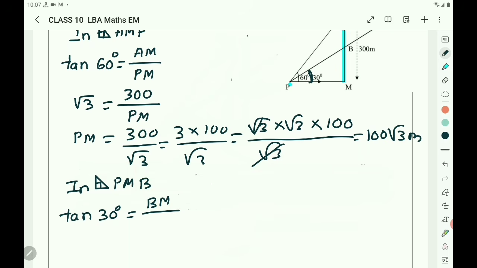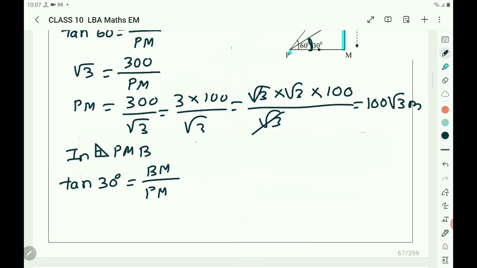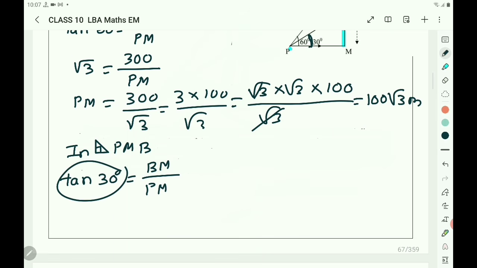BM by PM. PM you got 100 root 3. And tan 30 is 1 by root 3. 1 by root 3 equals BM by PM. PM is 100 root 3.